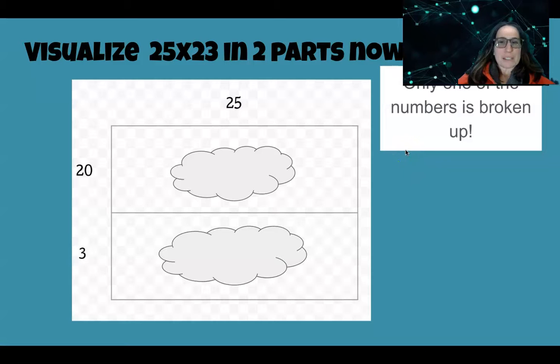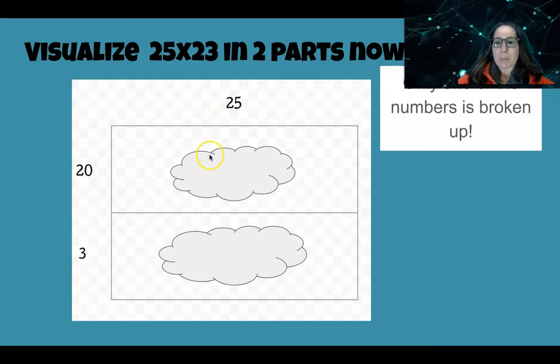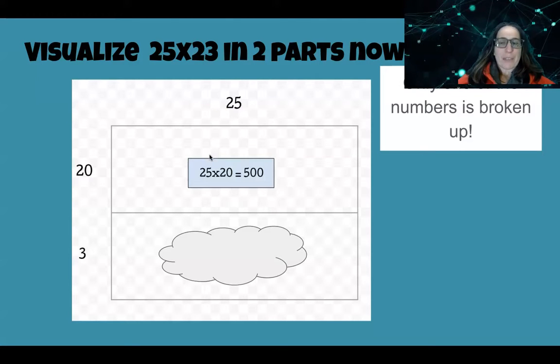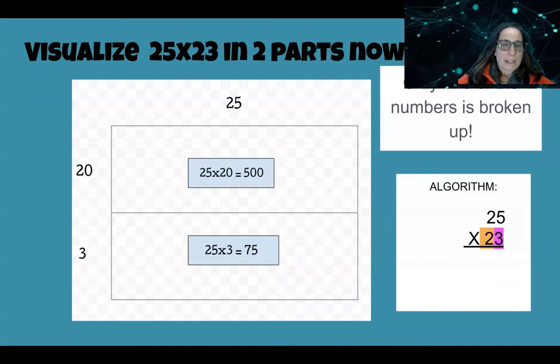And good, if you notice that only one of the numbers is broken up. We have the number 23 broken up into tens and ones, but we kept 25 the same. And that would mean that 25 times 20 is 500. That's our first part. And 25 times 3 is 75. But that's not all. That's the picture of the equation, but we want to look at the algorithm.